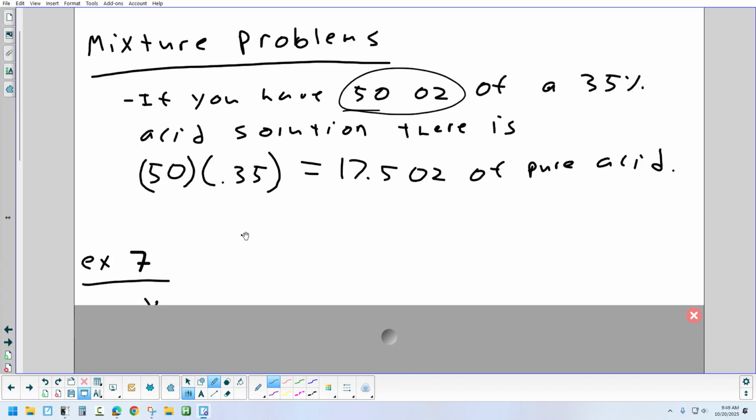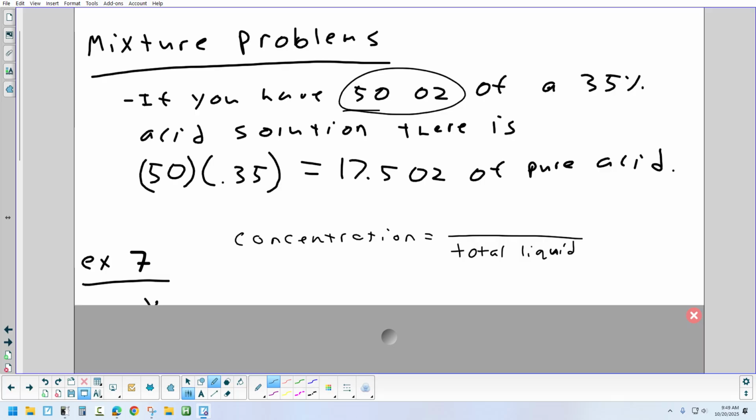So when you want to find a concentration, it's the same way you figure out your grade on a test based on how many questions you get right. In the bottom, you always put the total. In our case, it's not the total number of questions on a test, it's the total liquid. And in the top of your fraction, if you were looking at a test, it would be how many questions you got right.